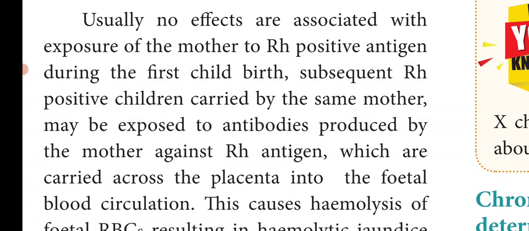Because the anti-D antibodies are very small in size, they can cross the placental barrier and enter the fetal circulation. When they enter the fetal circulation, they cause hemolysis of fetal RBC. That is, these anti-D antibodies start destroying the fetal RBC, because they consider the Rh antigen of the fetus as a foreign substance.